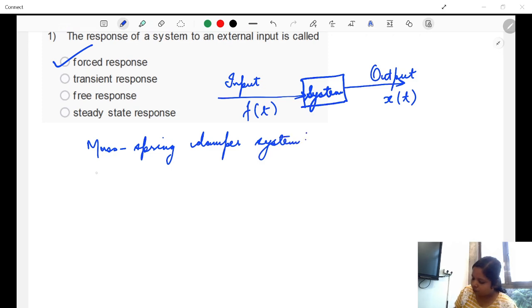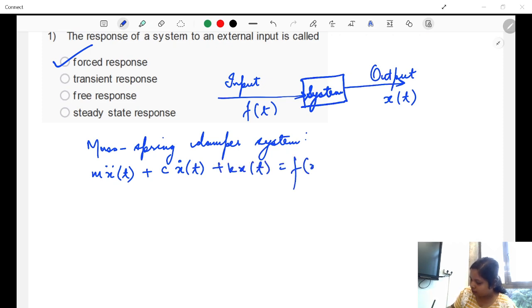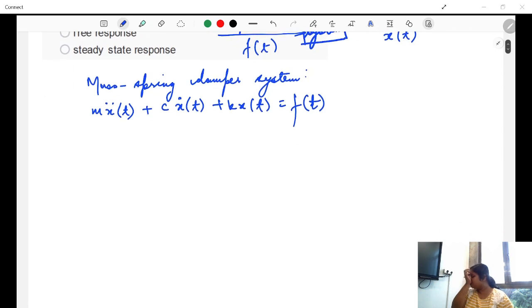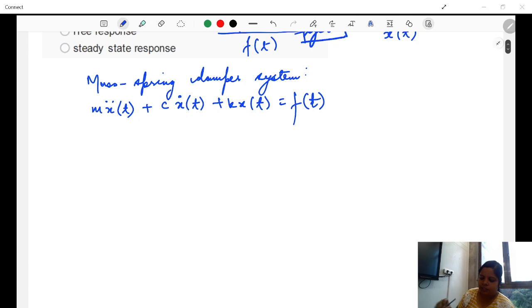then you might know that it is represented by the following differential equation, equal to F(t). So this is the differential equation. So it is in time domain.